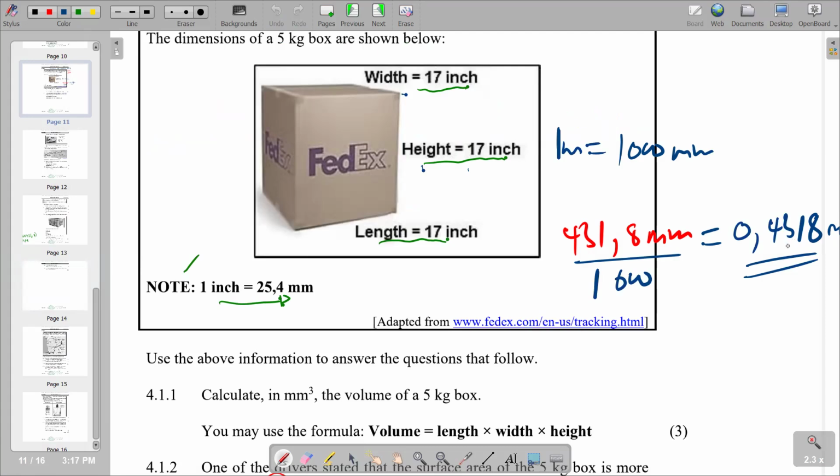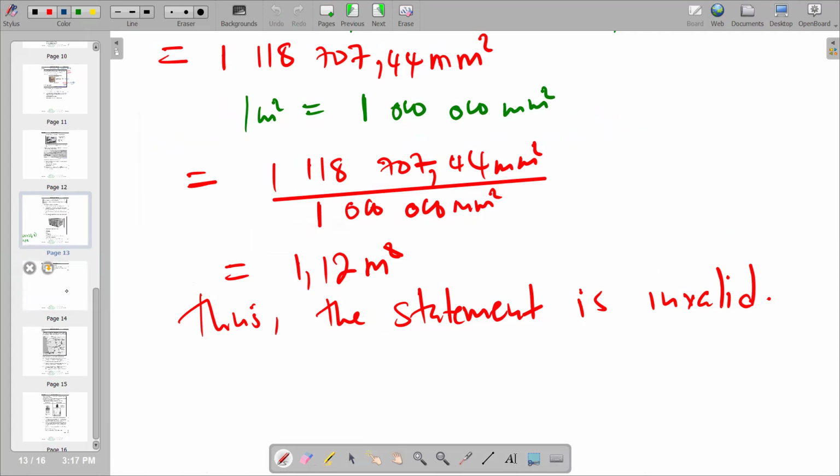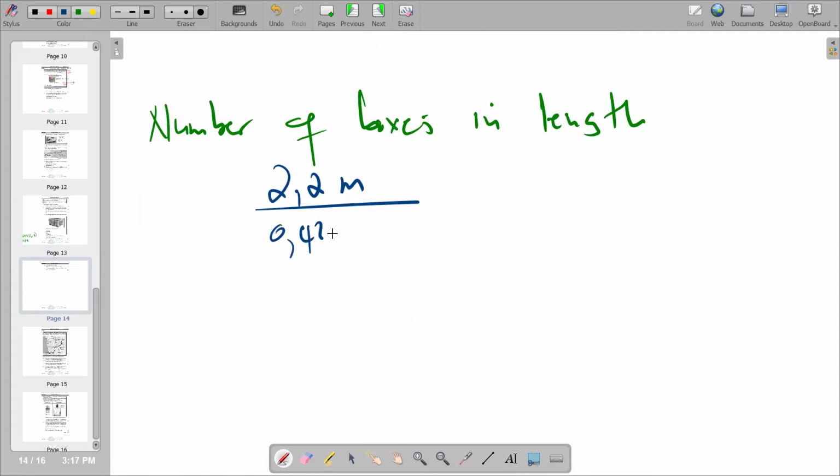So we are going to divide by 0.4318, and this is in meters. And we see how many boxes we can get from that. You see that you're going to get 5 boxes. Obviously, if you round it off, you get your 5 boxes. If you calculate it there, you're going to get 5.094, which is going to be our 5 boxes. So that's the one that we have for that part.